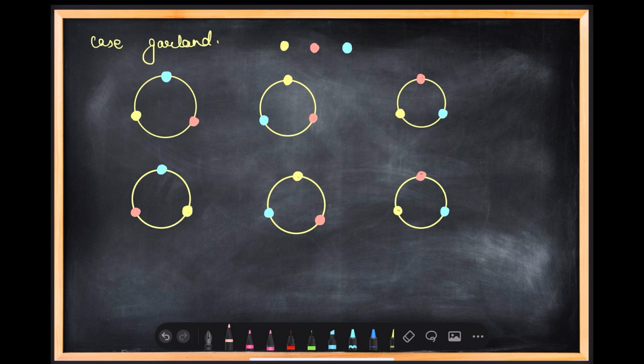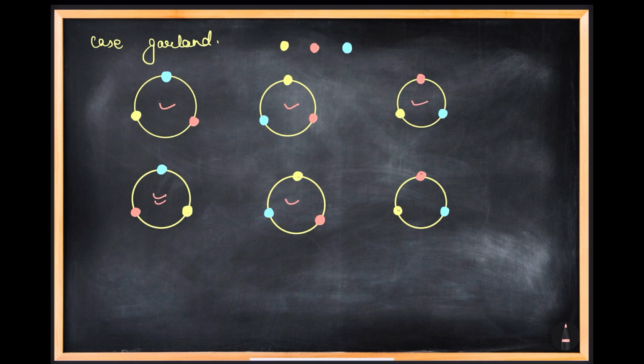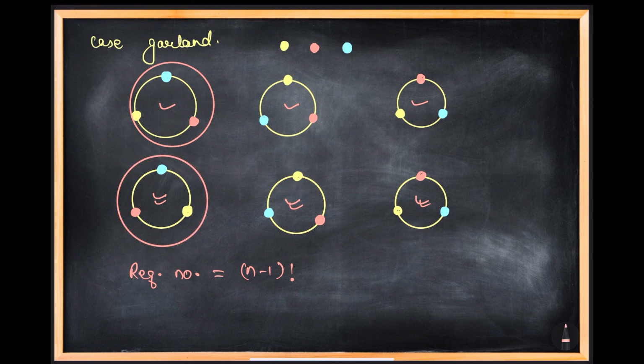So look at this. You have three flowers, you are trying to arrange them in a circular manner. So you know that this arrangement and this arrangement are the same. This one of this type, this one of this type, and this one of this type are the same. You know that it is n minus 1 factorial for sure, but do you really think that this garland and this garland are the same?